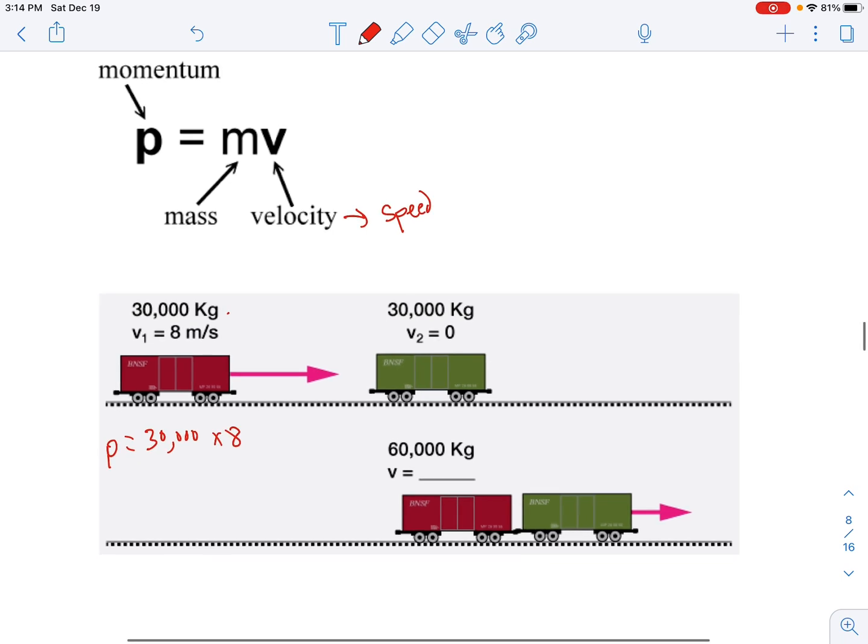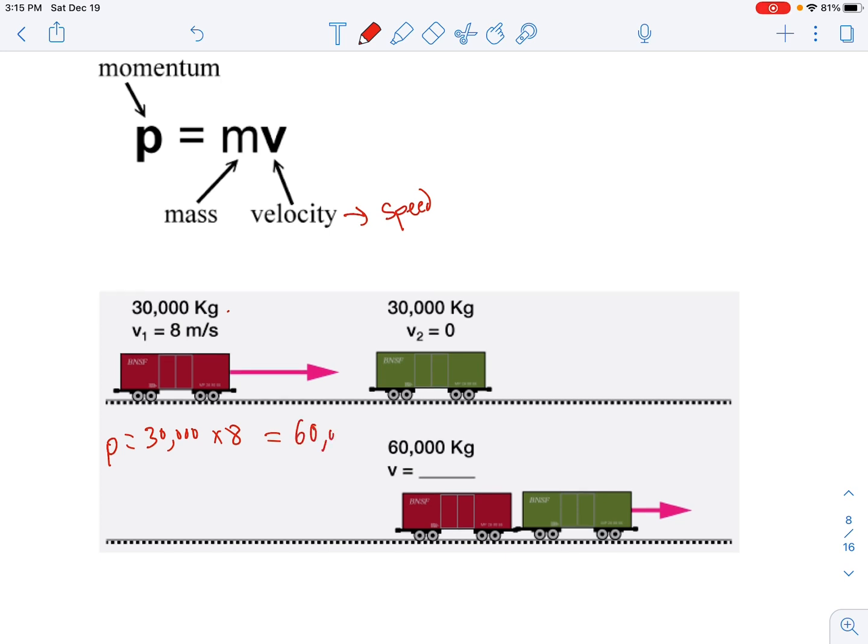And then at the end over here, we have to have the same amount of momentum. We can't lose any. So the momentum on the other side is 60,000 of a mass, but times a number I don't know. Okay, now if you do all the math, what turns out is the number ends up being 4.